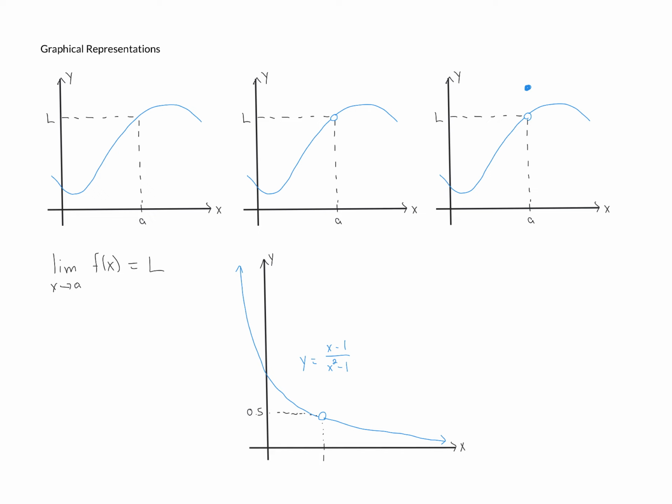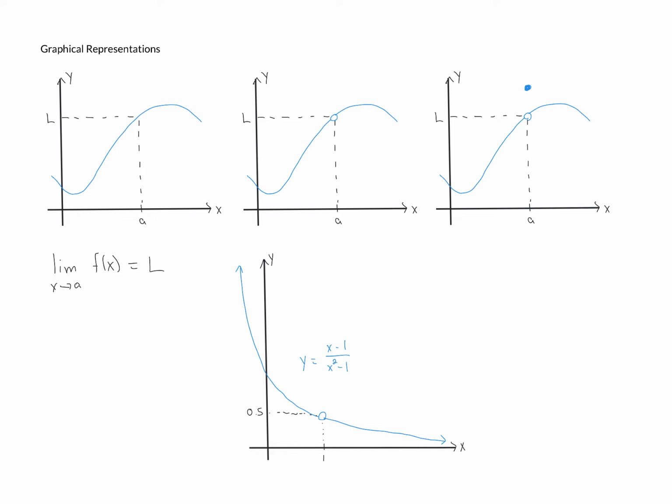This is a nice smooth curve, but it is undefined when x equals 1. It's also undefined at -1, but we're not going to worry about that because we were looking earlier at the limit of this as x approaches 1. The graph looks like a nice curve with an open circle there. There's a hole in the graph because it's not defined at 1.